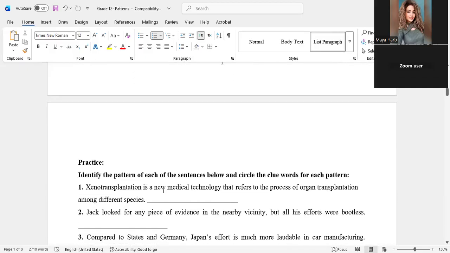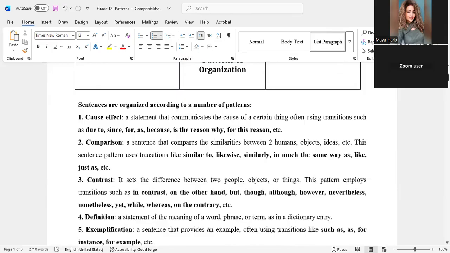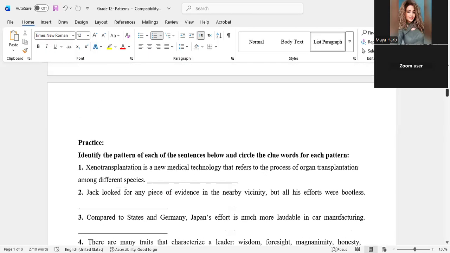Xenotransplantation is a new medicine. Are they giving us an example or are they giving us the definition? Definition. Exactly. So they are explaining to us the meaning of this word. So in this case, the first sentence here is a definition.